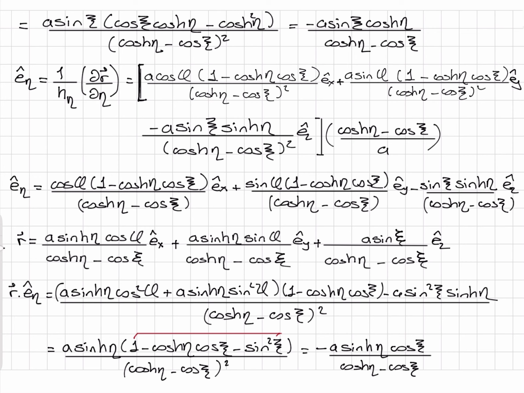All right, so that's what I'm going to obtain for r dot e eta hat. So once again, here I obtain cosine square psi, cosine psi parentheses. This gives me cosine psi minus cosine hyperbolic eta. And you can also think of this as cosine psi minus cosine hyperbolic eta parentheses squared. So that cancels out with that. Introducing a minus sign here, I have the original form, cosine hyperbolic eta minus cosine psi.